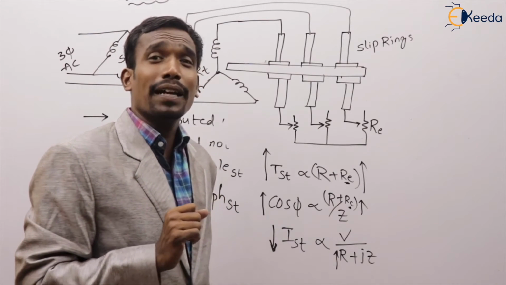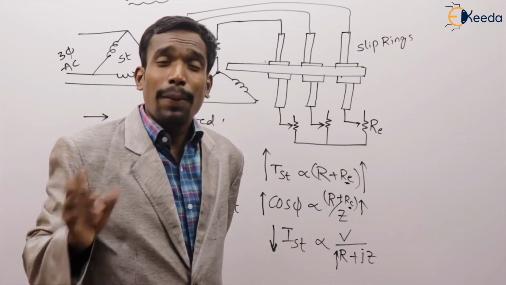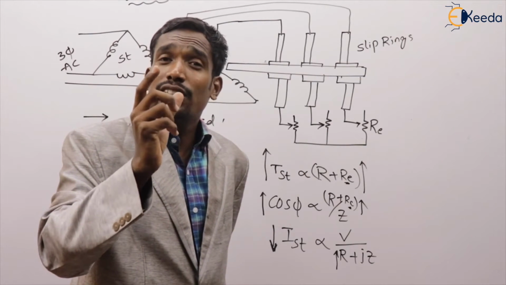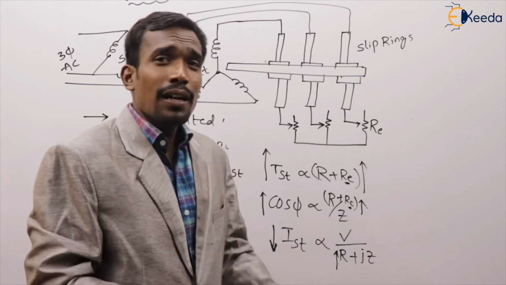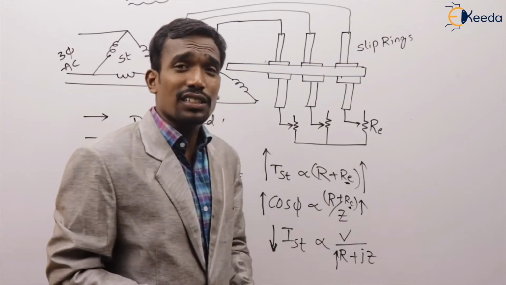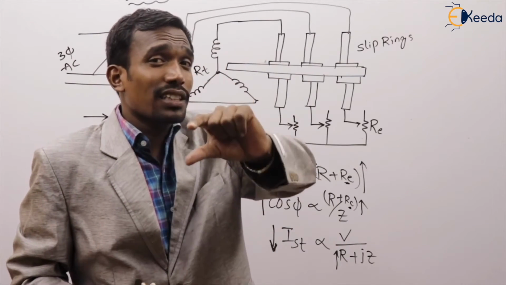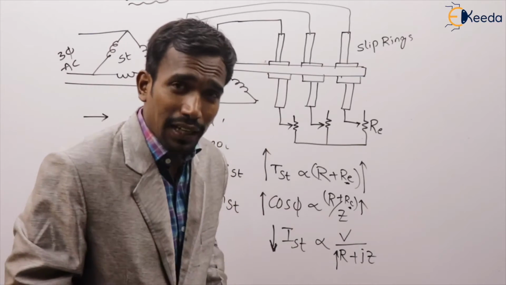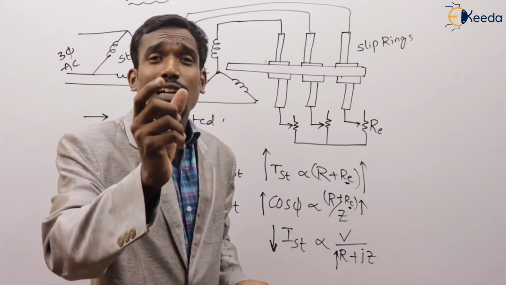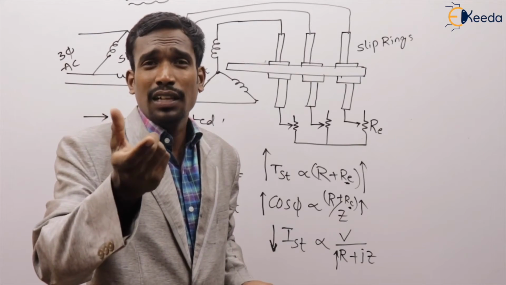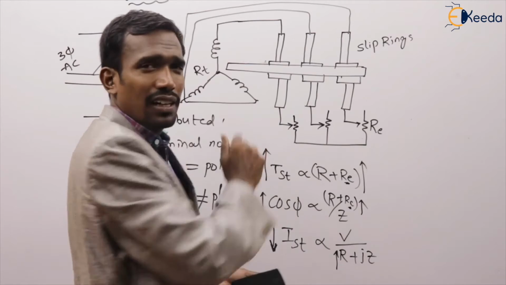So, in slip ring induction machine, pole changing method is not preferable, but the speed changing method is resistance variation. By changing the rotor resistance, we can control the speed in slip ring induction machine. That's why the rotor resistance speed control method is well preferable here.